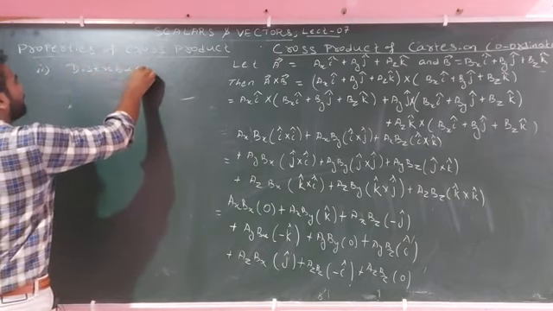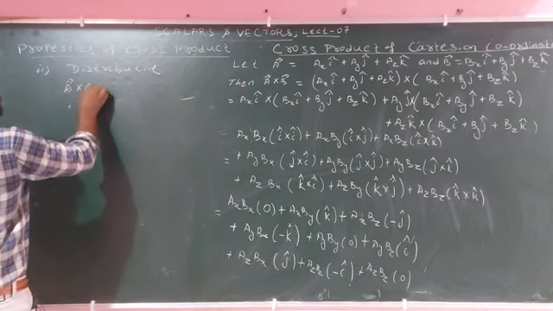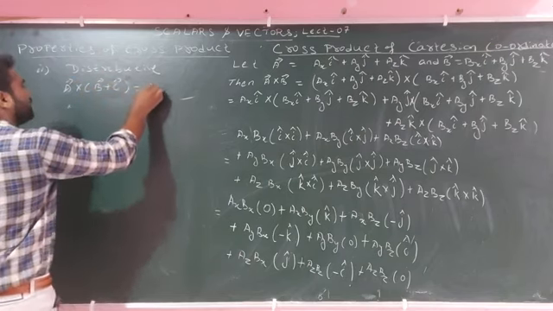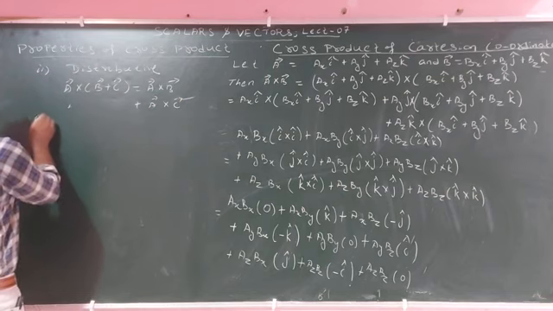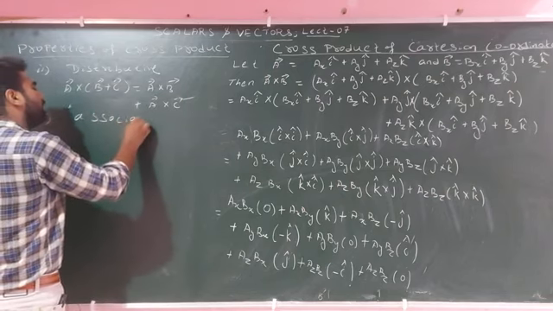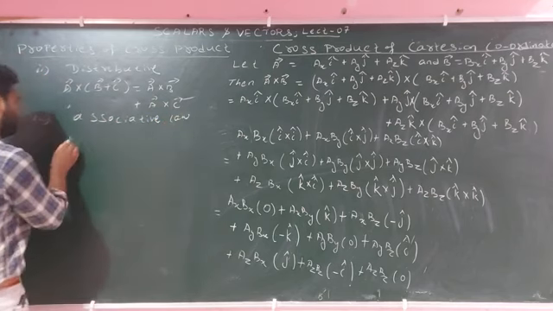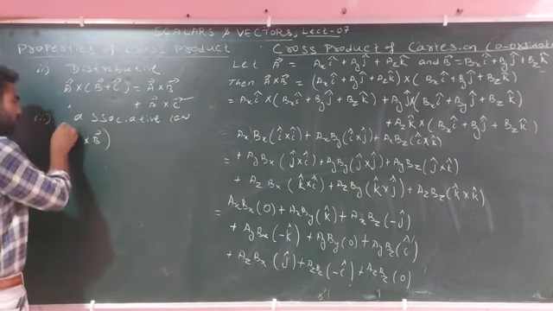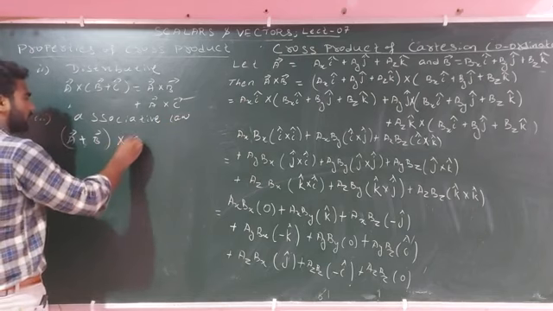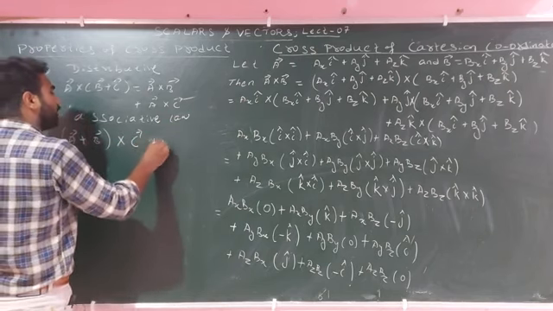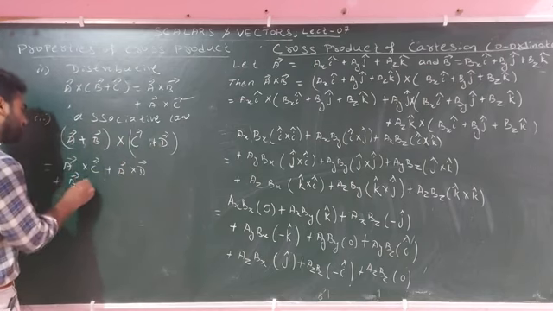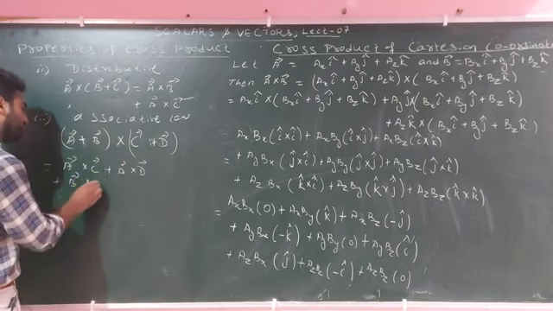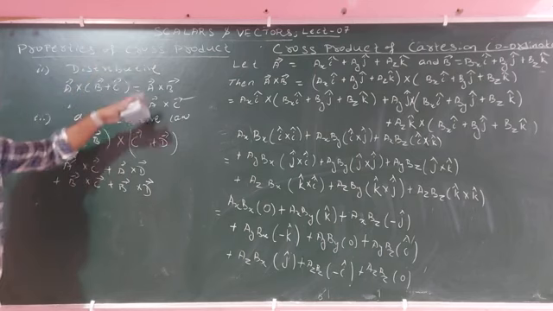It obeys the distributive law, meaning A cross (B vector plus C vector) equals A cross B plus A cross C. It also obeys the associative law: (A plus B) cross (C plus D) equals A cross C plus A cross D plus B cross C plus B cross D. The cross product obeys the distributive law and the associative law.